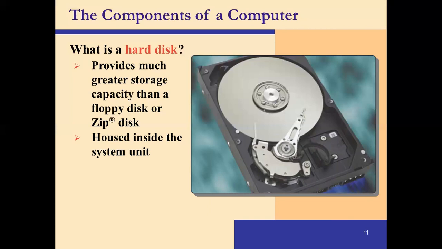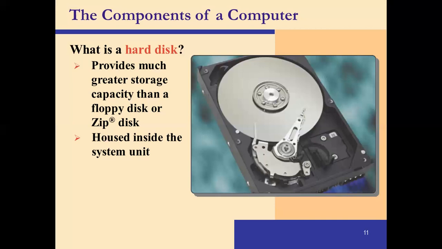Right now, I have 1 terabyte of memory in my hard drive. It contains about 1000 GBs. So you can use the hard drive for whatever capacity of information you want to store.